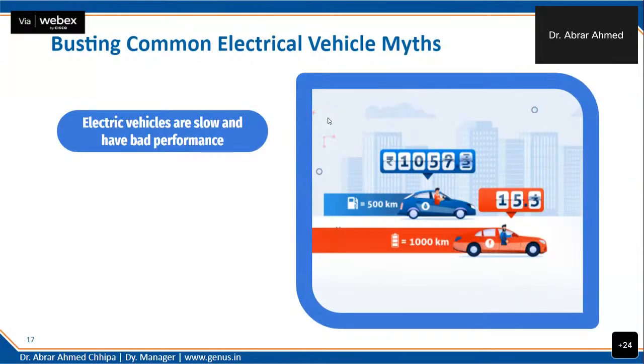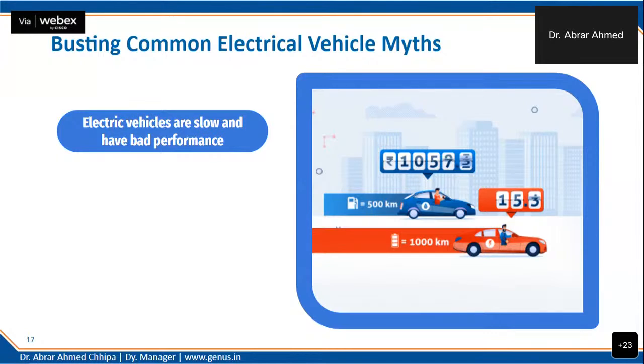Next is the claim that electric vehicles are slow and have bad performance. Nothing at all. As you know, if we accelerate an electric vehicle, you suddenly get power. Electric vehicles are powered by an electric motor that generates torque instantly without any gears. So as soon as you push down the accelerator, the electric vehicle will accelerate from stationary without any lag.